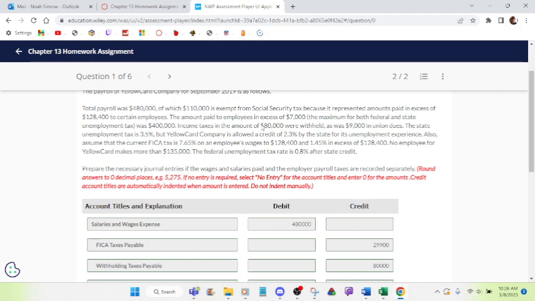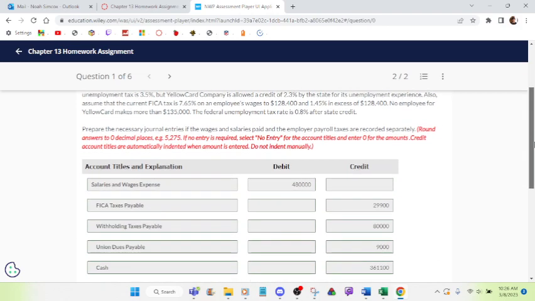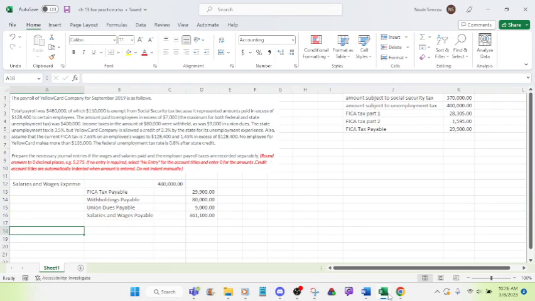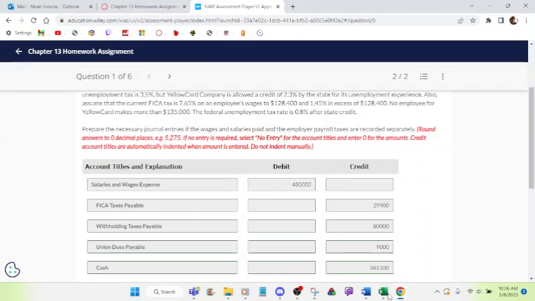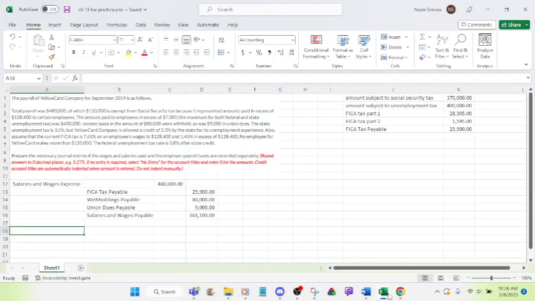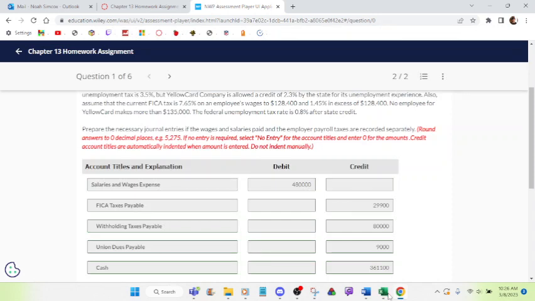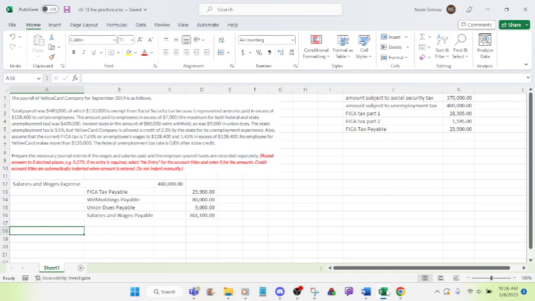They didn't tell you whether they had already paid it, but I think I got the right answer because salaries and wages expense, FICA taxes payable $29,900, withholdings payable, union dues payable $9,000, and cash, well, that's assuming they paid it already. I just said that they didn't pay it yet.